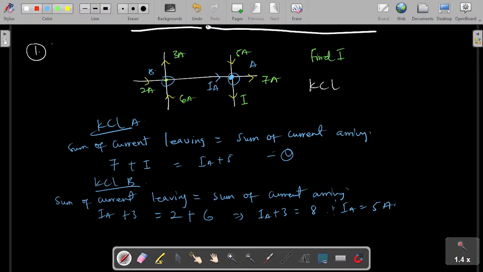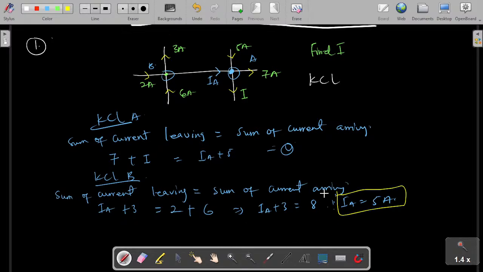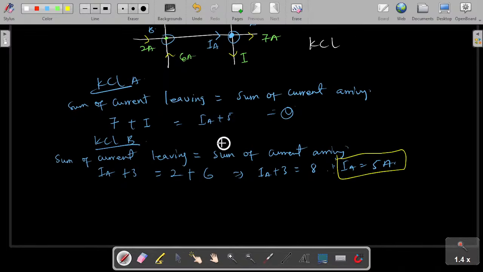So this has given us the value of IA. So I have the value of IA from this end, right? Then from this end, I can find the value of I simply by substituting the value for IA. So let me write from equation 1.